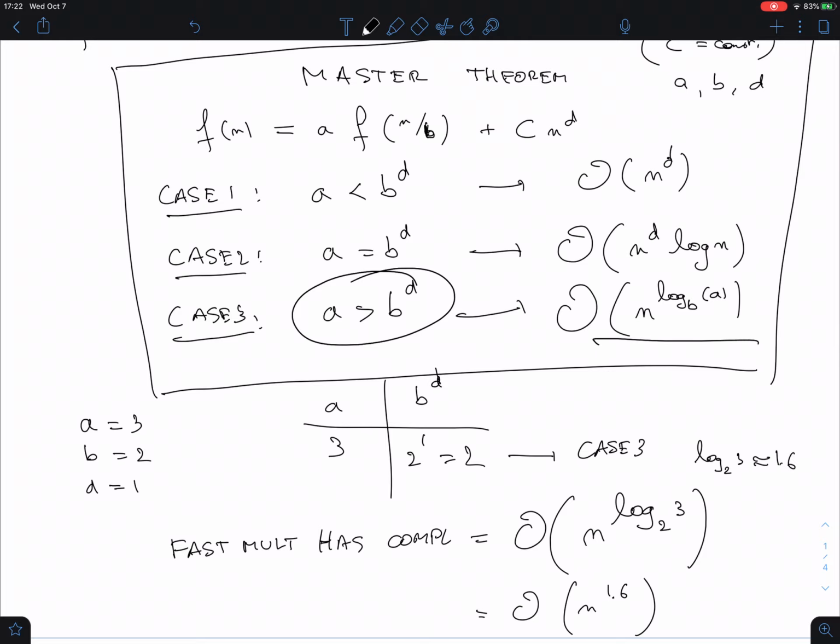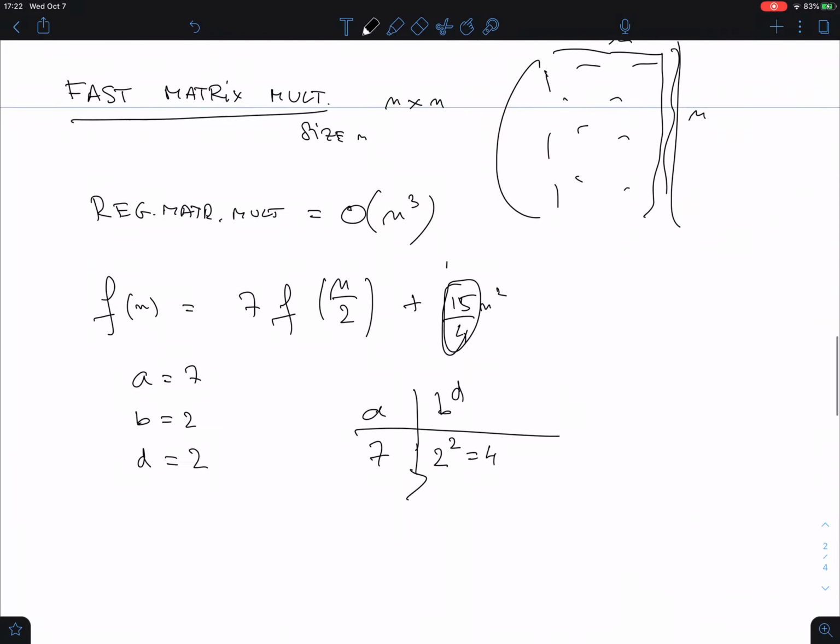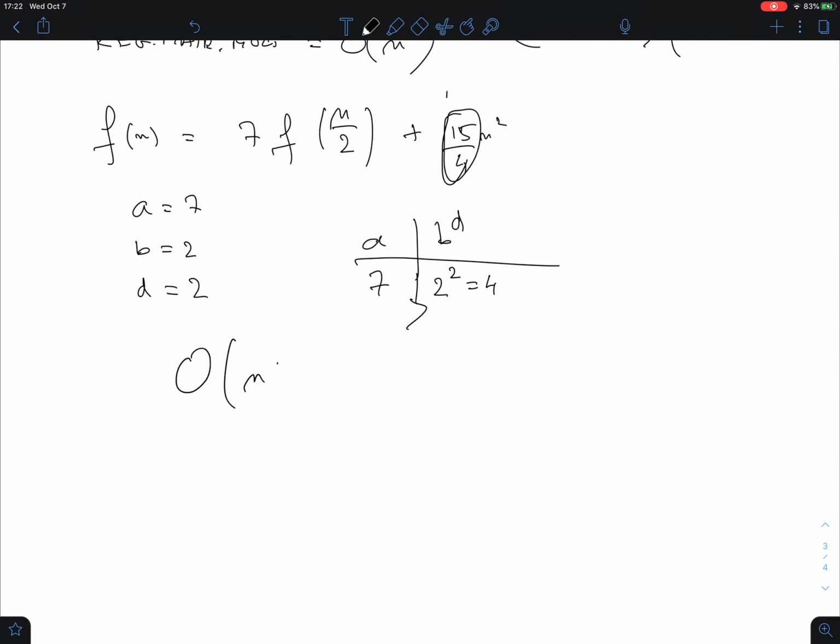So it is this rather strange number, O of n to the log base B of A. Log 2 of 7 is about 2.8. So this is O(n^2.8).